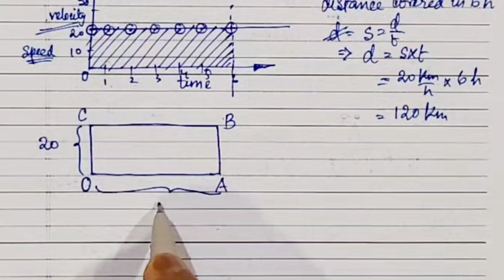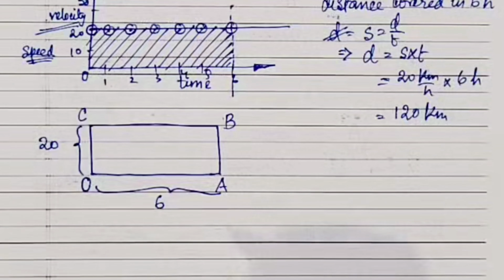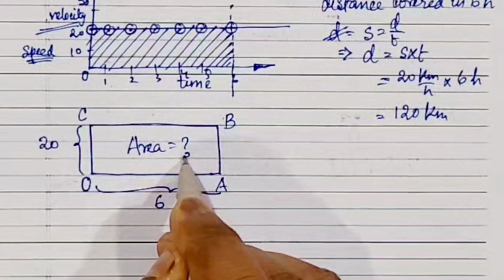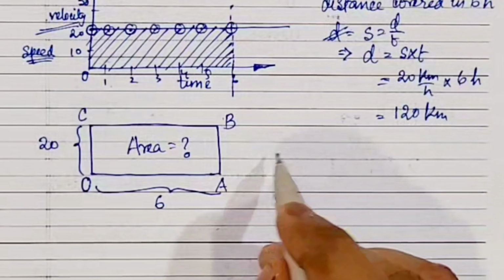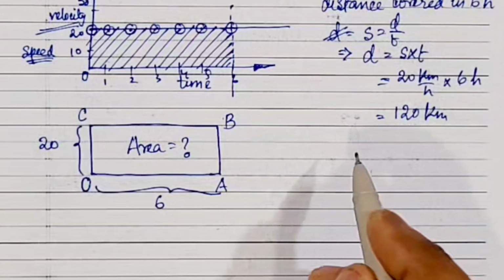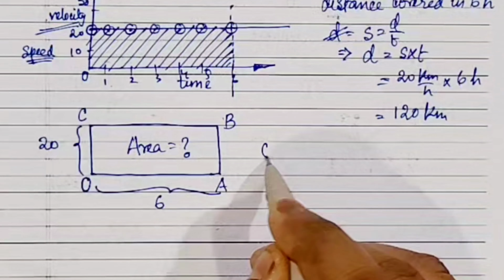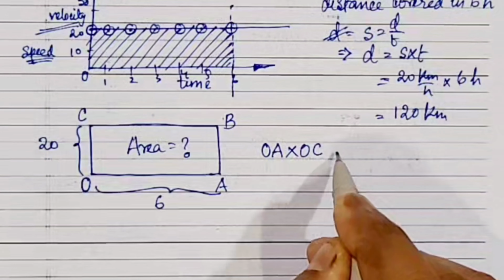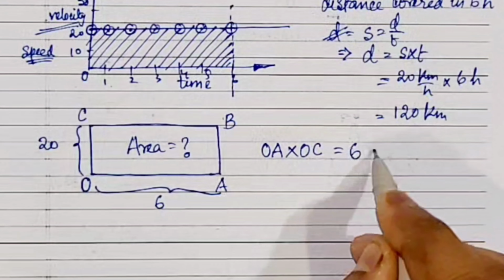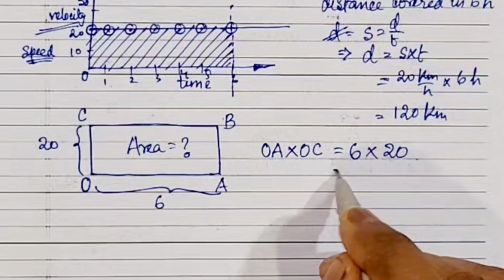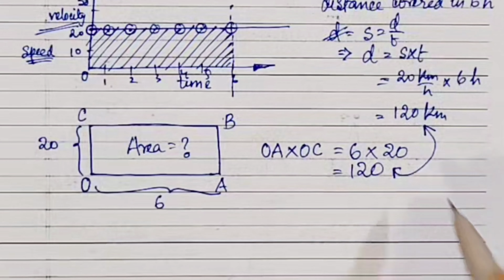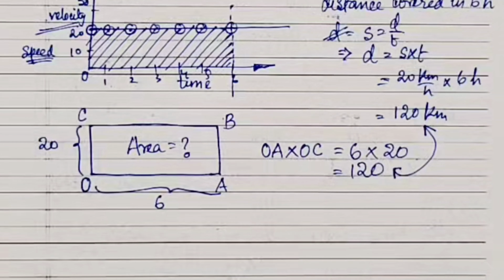This spread is 6 hours. So what is the area of this entire shaded rectangle? The area of this rectangle is length multiplied by breadth. That is OA multiplied by OC, 6 into 20, which amounts to the same result we found from the D equals S multiplied by T formula.